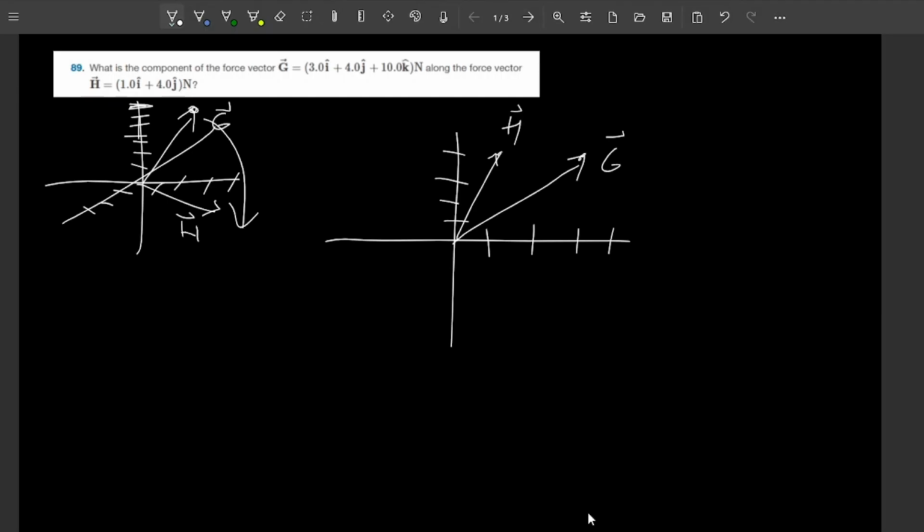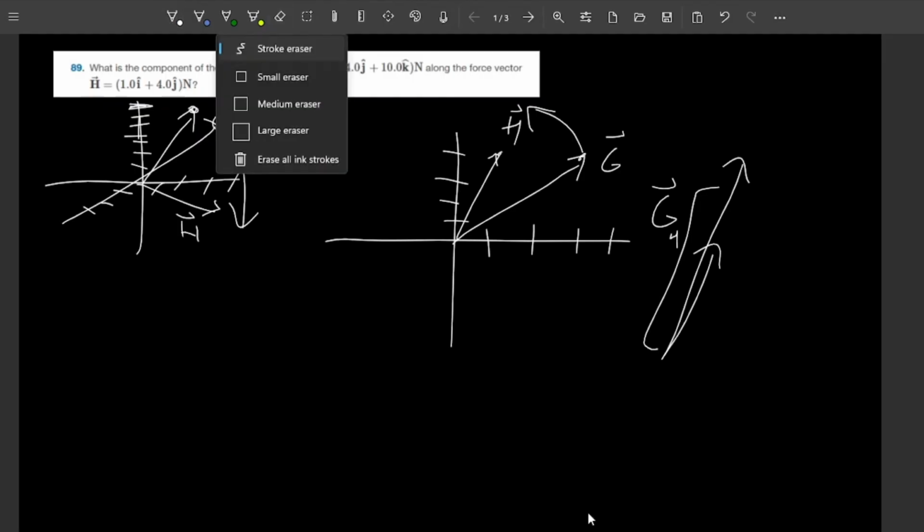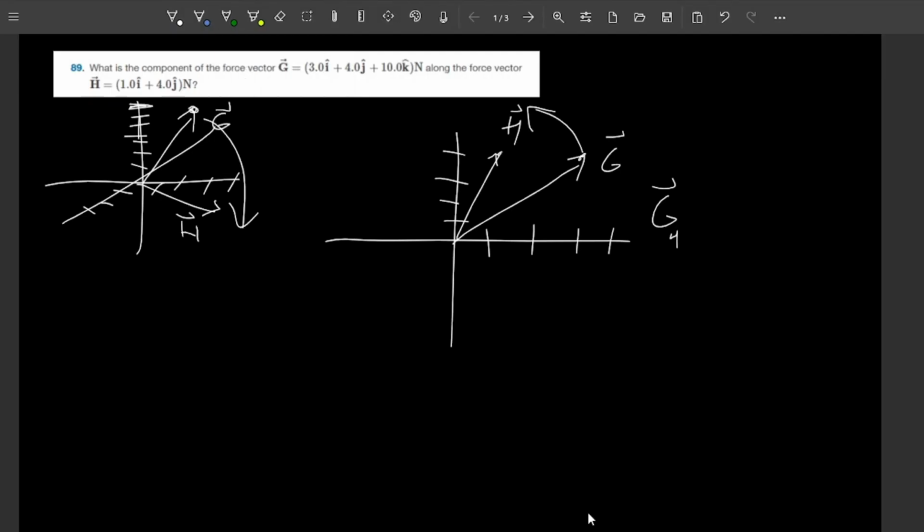And now we're looking for the component along H. So imagine along H. If G and H were in the same direction, where would the component along G be? How long would it be? Let's see.